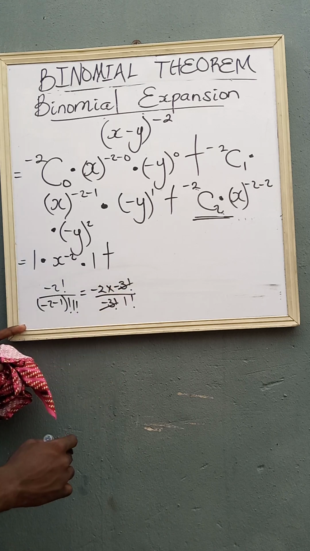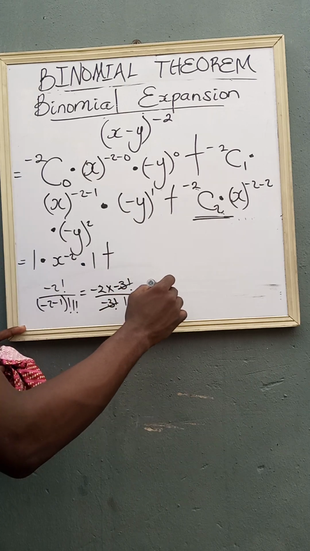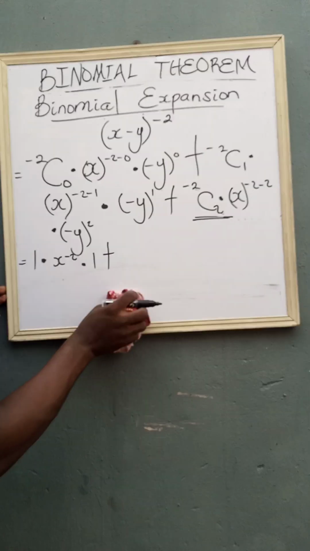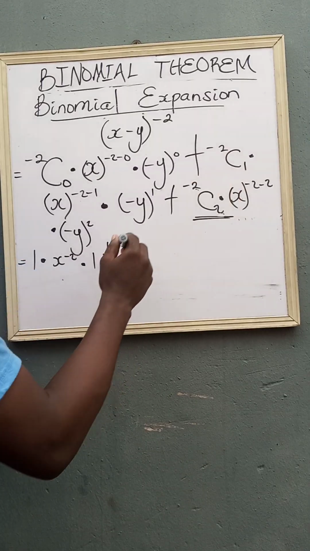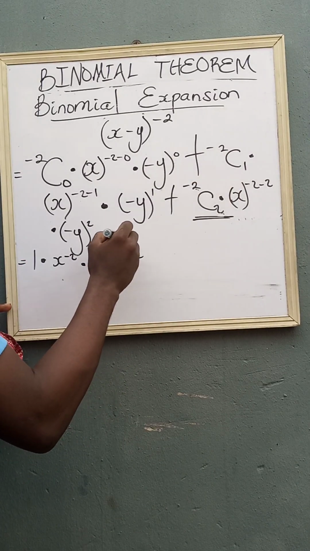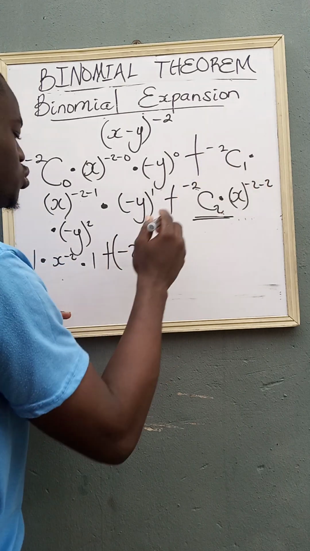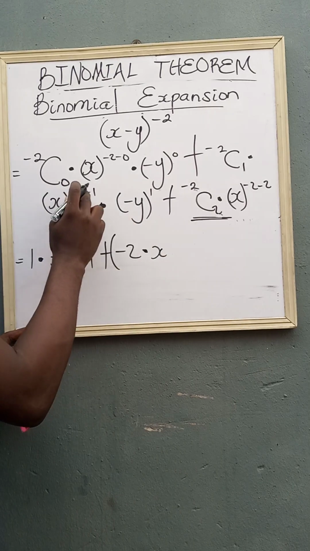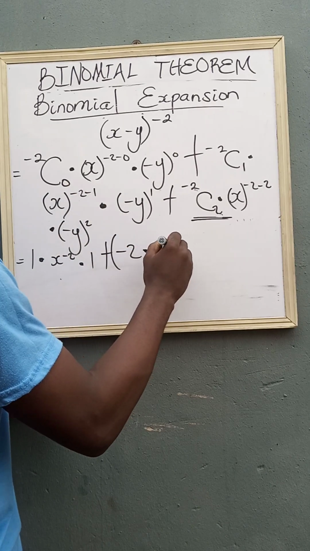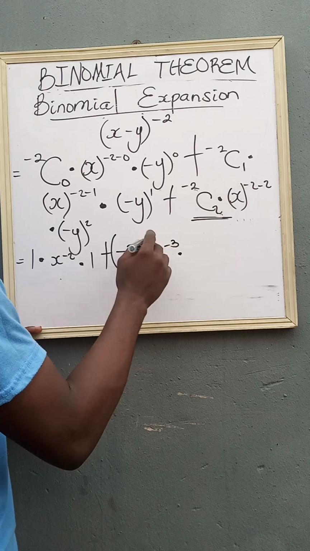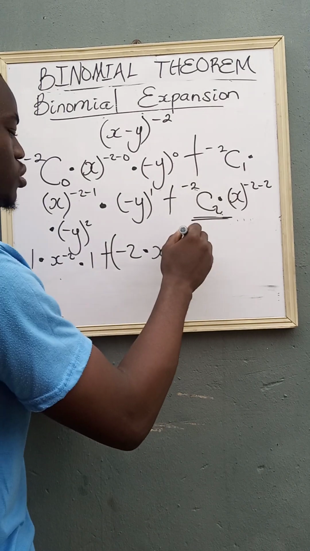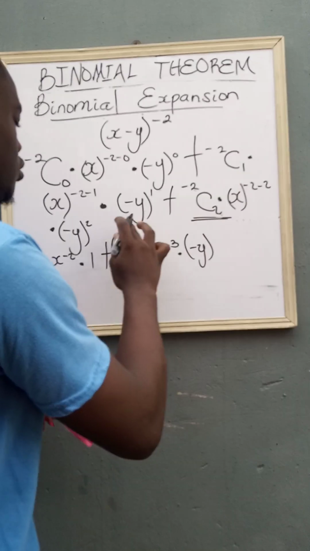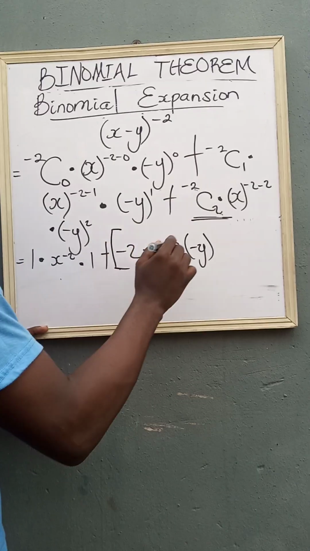Minus 3 factorial cancels, and left minus 2 over 1 factorial, which is 1. So minus 2 combination 1 gives minus 2. So I have minus 2 multiplied by x raised to the power of minus 3, times minus y raised to the power of 1, which is still minus y, enclosed in the bracket.